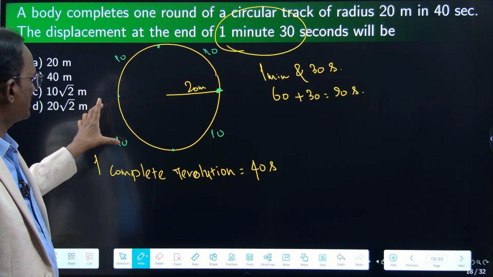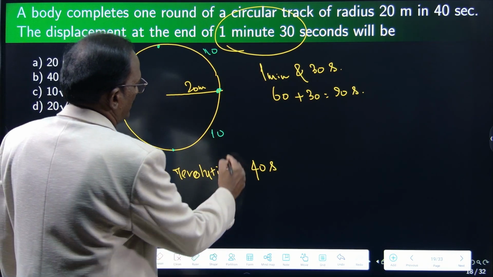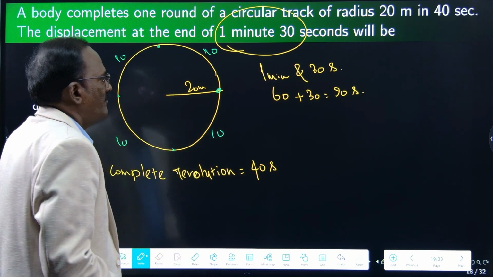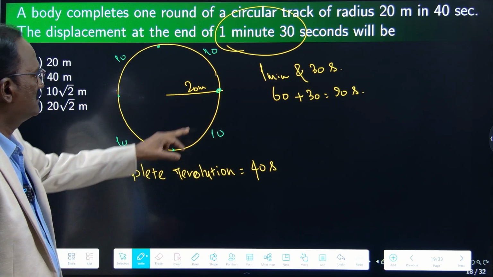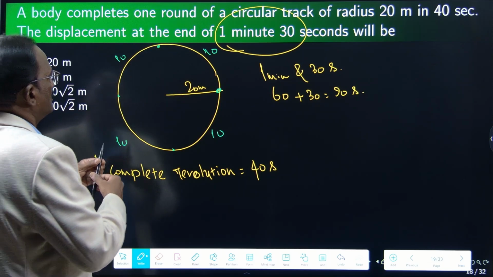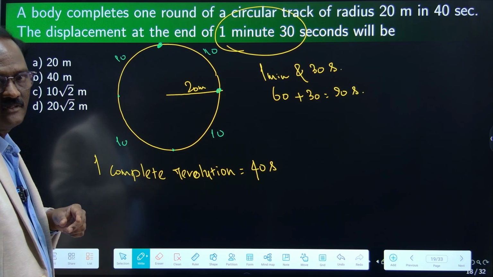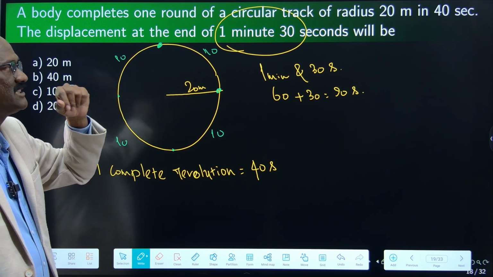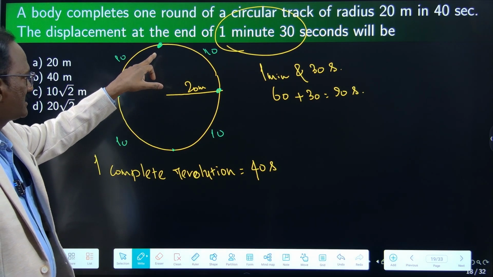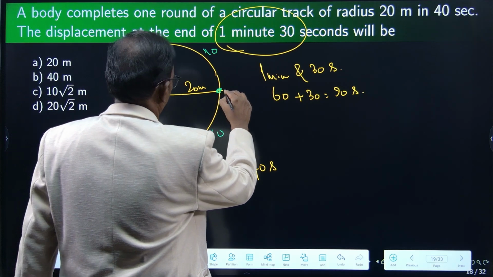Another quarter, 10 seconds. Another quarter, 10, totally 40. So for 90 seconds, first 40, second 40, the body will be here. At the end of 1 minute 30 seconds, the body will be here.